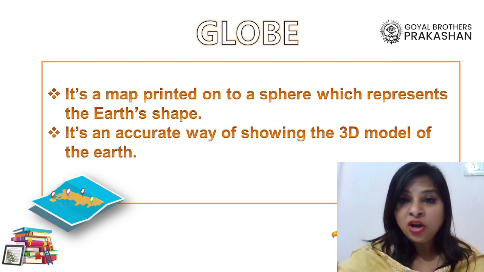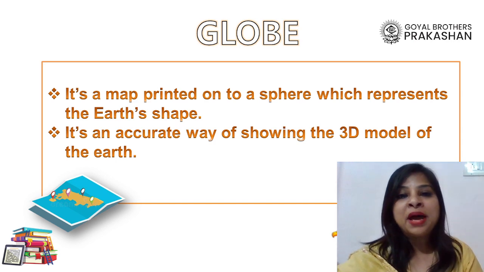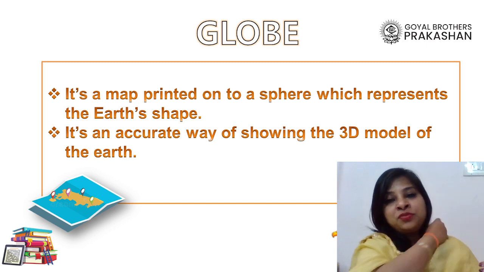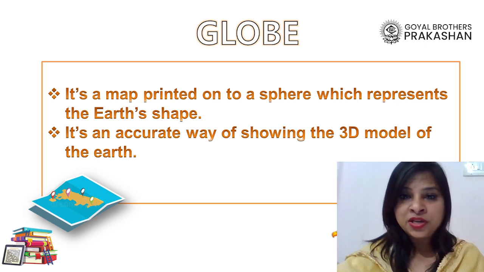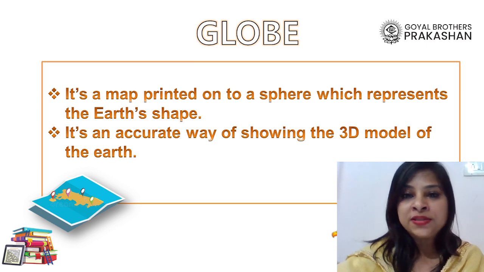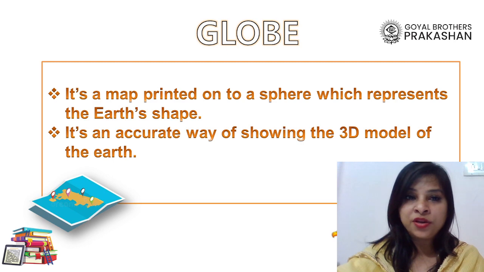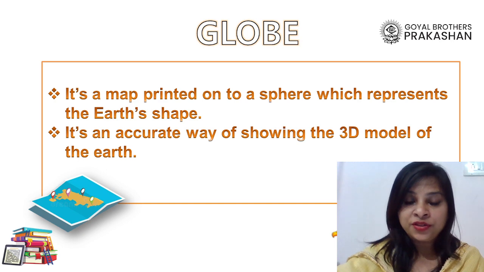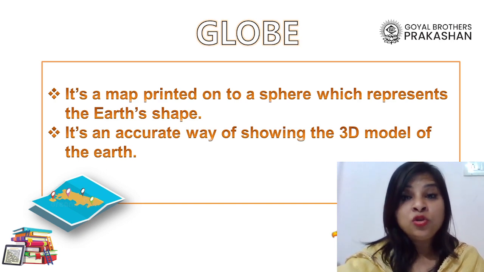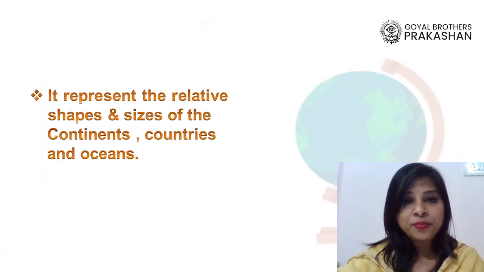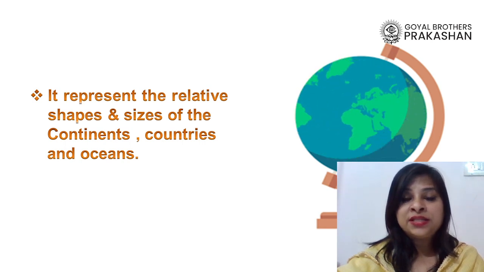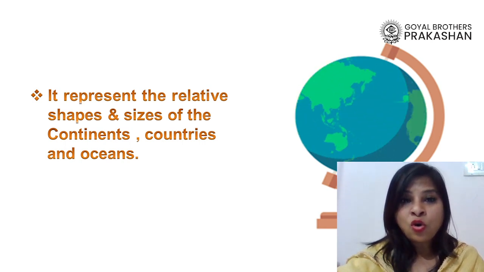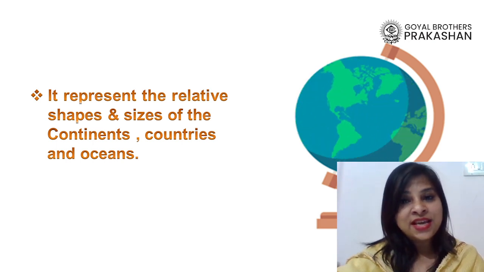If you have seen a globe, you will see that maps are printed on it in their shapes, like India's map in India's shape. Different continents and countries are imprinted on it. It's an accurate way of showing the 3D model of the Earth. It represents the relative shapes and sizes of the continents, countries and oceans.